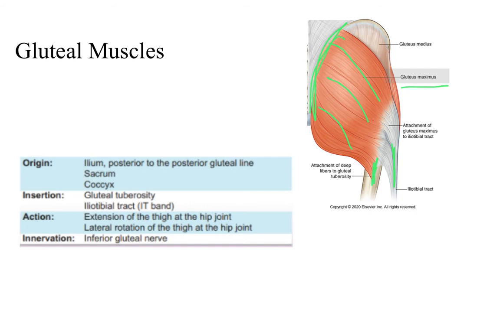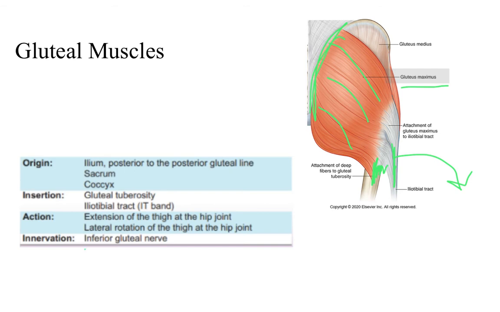And so when that muscle is contracted, if our hip is in a flexed position, it will straighten our leg out into extension, and then it will also extend our leg back beyond the line of our body into hyperextension. All right, and since it's partially on the lateral portion of the femur, as well as the IT band, it will also externally rotate our hip joint, our thigh at the hip joint. All right, so rotate outward.